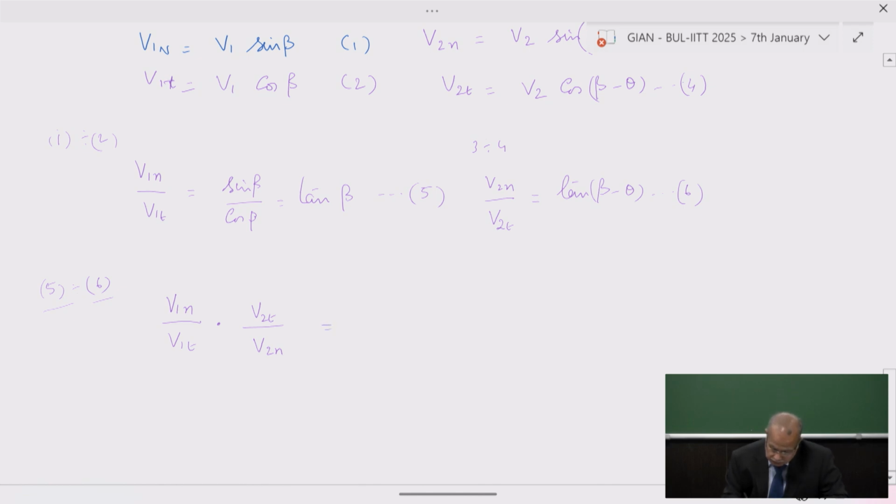So on the right hand side this will be tan beta by tan (beta minus theta), and this is equation 7. Is that clear?